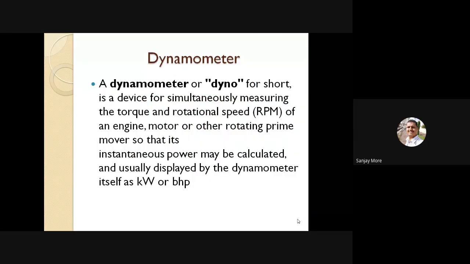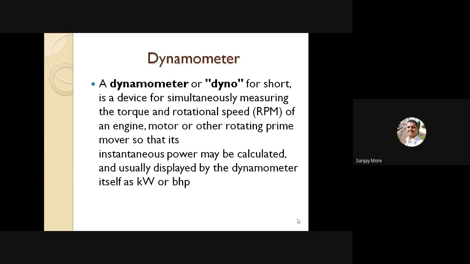Dynamometer, or short form dyno, is a device to measure torque or rotational speed of an engine, prime mover, or motor. What is meant by dynamometer?